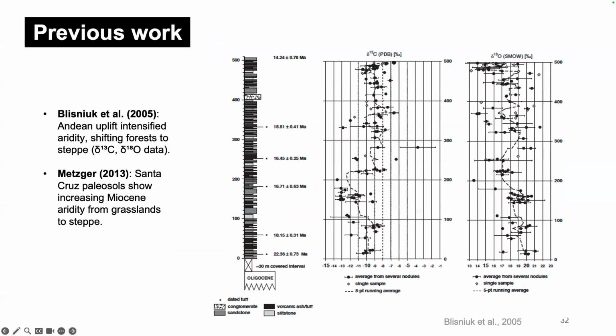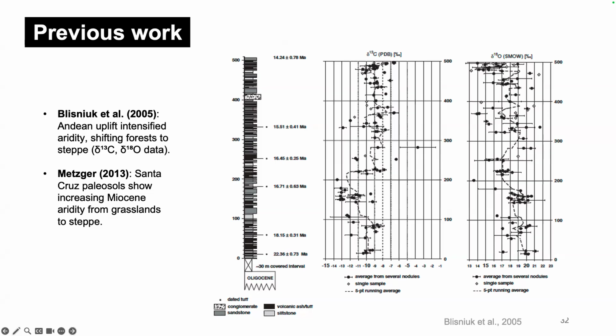Investigated how Miocene uplift intensified the rain shadow effect, contributing to increasing aridity and the transition from humid forest to dry steppe environments. The analysis of delta 13C and delta 18O variations in paleosols revealed a progressive shift toward more arid-adapted vegetation, and a decrease in delta 18O values consistent with higher elevations.